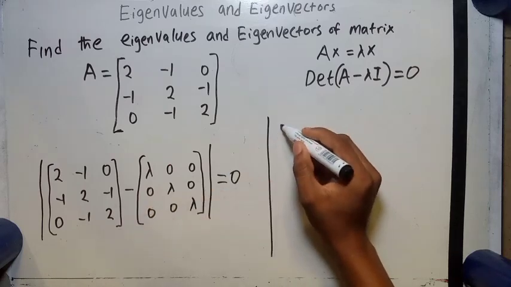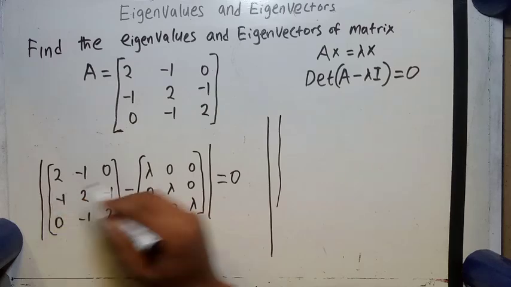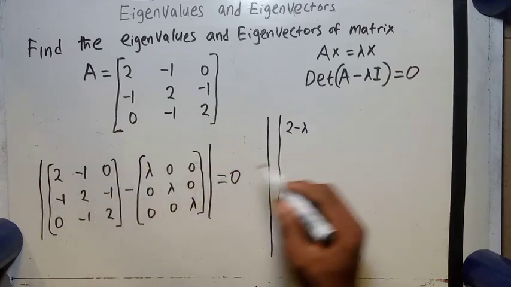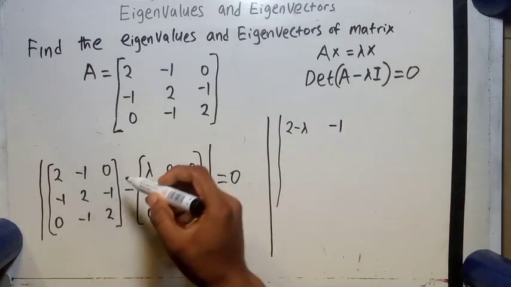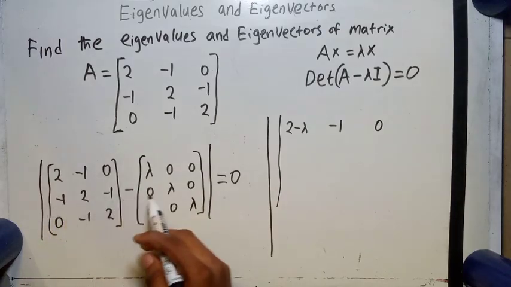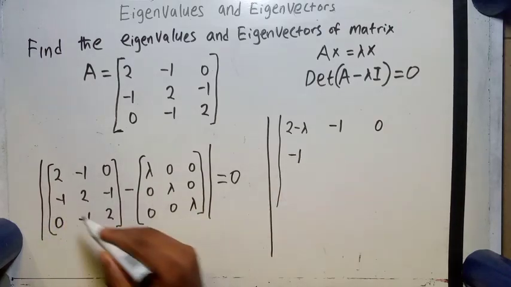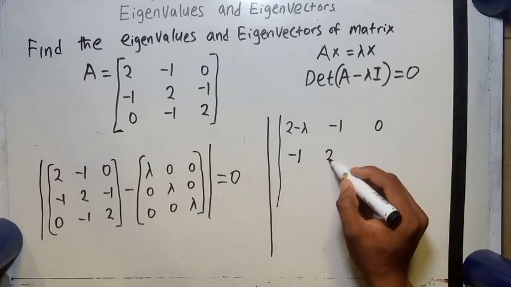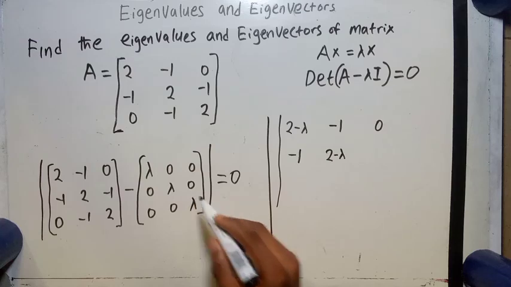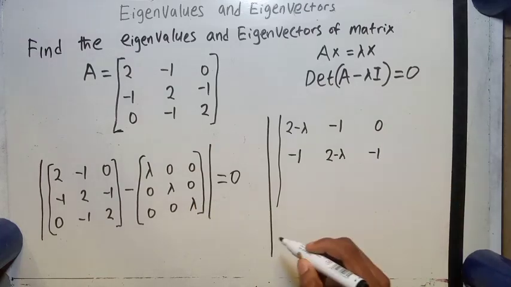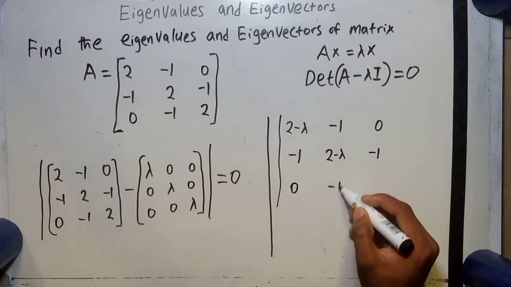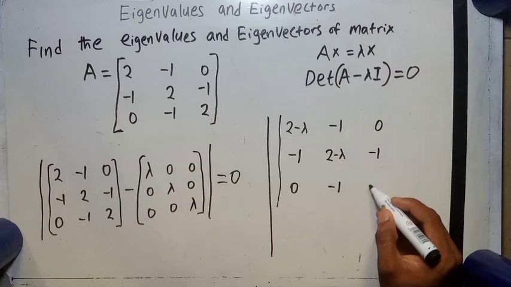When we do that, we'll have the determinant: 2 minus lambda, minus 1 minus 0, 0 minus 0; minus 1 minus 0, 2 minus lambda, minus 1 minus 0; 0 minus 0, minus 1 minus 0, 2 minus lambda.